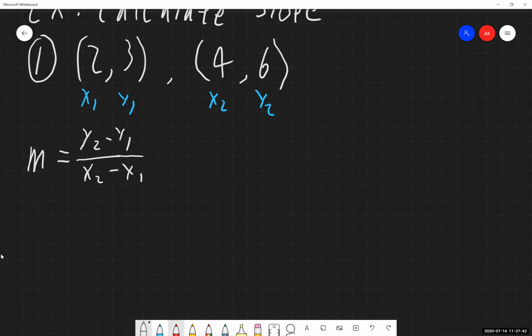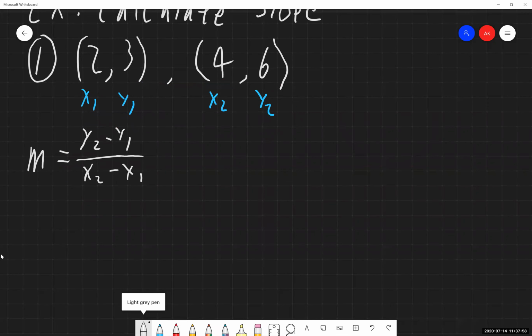This equation needs to be written in this form. That's where we have no exceptions or wiggle room. Which of these points is x1, y1, and which one is x2, y2? That's where we have our flexibility.